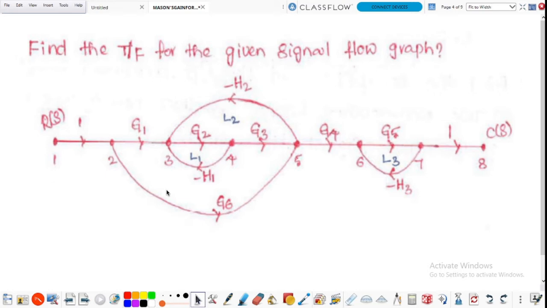So what is Mason's gain formula? The transfer function, capital T, is equal to 1 by delta, sigma k equal to 1 to n, P suffix k into delta k, where n is the number of forward paths. So from the given data, first calculate the total number of forward paths.